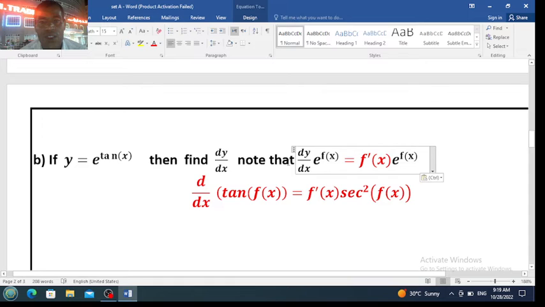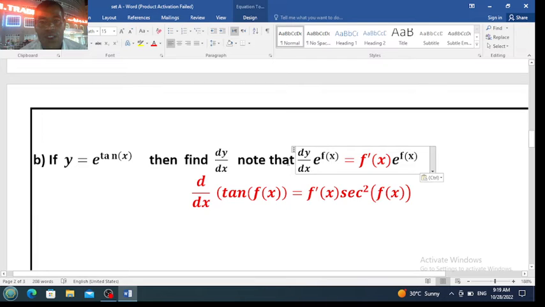I will just write this is tangent of x, tan of x equal tangent prime, or the first derivative of tangent, which is sec square of x. Why? Because the first derivative of tangent is sec square. I thought it's clear, learners. I will write here sec square x, and erase this one.